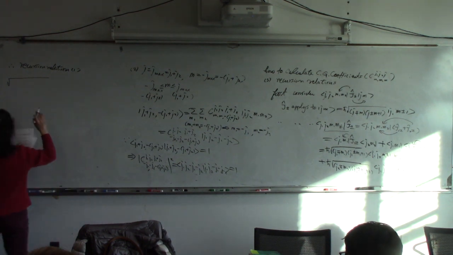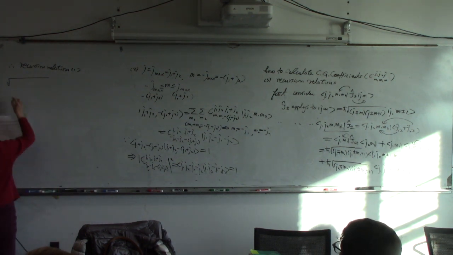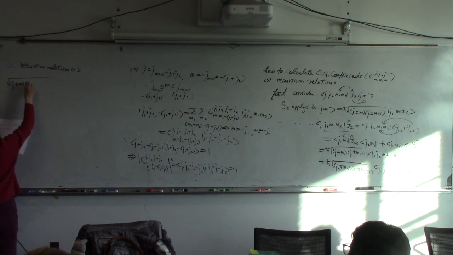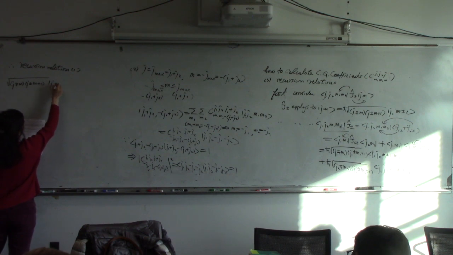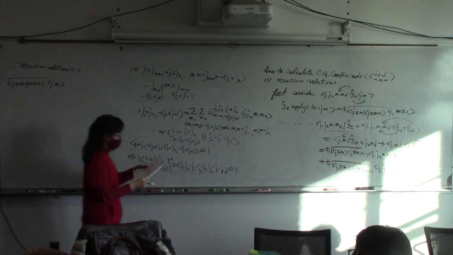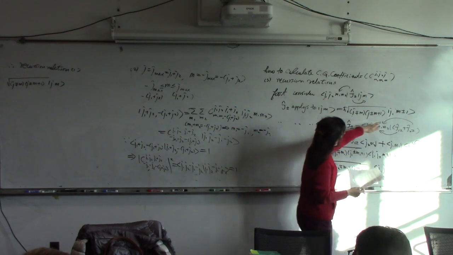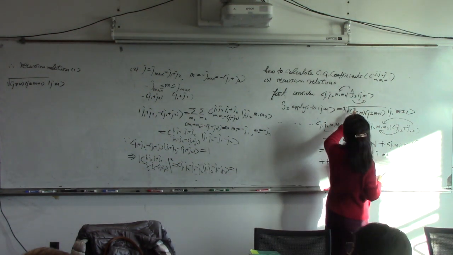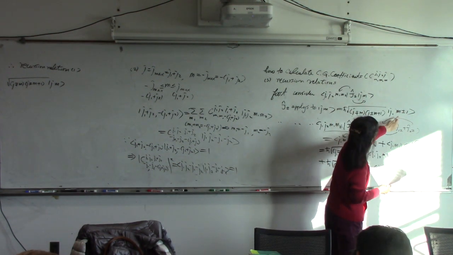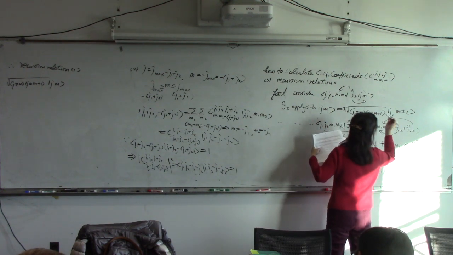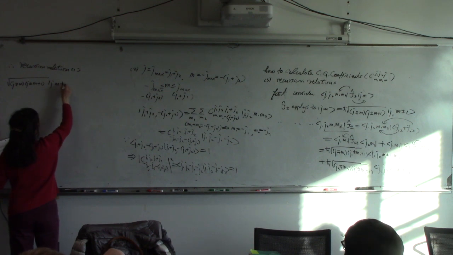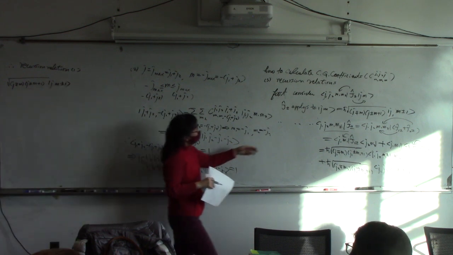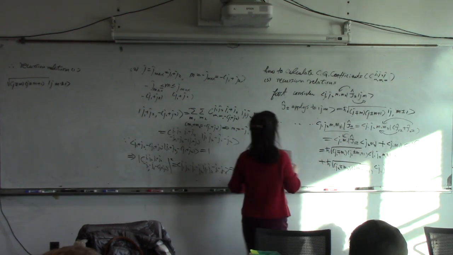The h bar cancels. We have J minus plus m, J plus minus m plus 1 with states J m. Sorry, here this is not 1, this is J. This part equals this part, right?